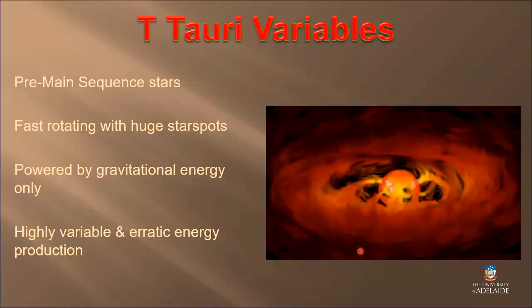So the energy output, even though it's relatively constant overall, from our point of view, as the spots rotate into view, they can drop their luminosity as the spots come into view. But they are highly variable and erratic in their energy production as well. And also, a lot of them have these circumstellar disks around them as well, which can obscure some of the energy coming out of them.